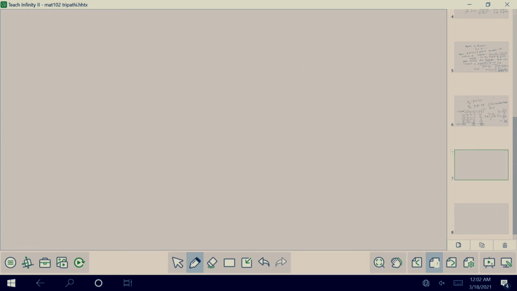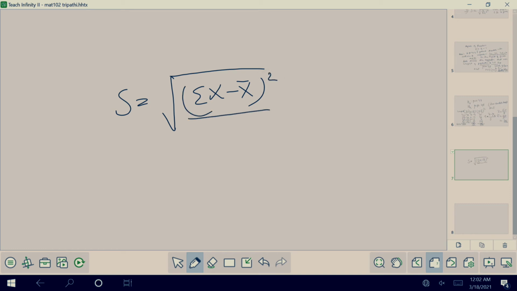Okay. So, because our mean is in whole number, we apply the first formula to calculate our modified standard deviation, that is square root of sigma (x minus x bar) square divided by n minus 1.